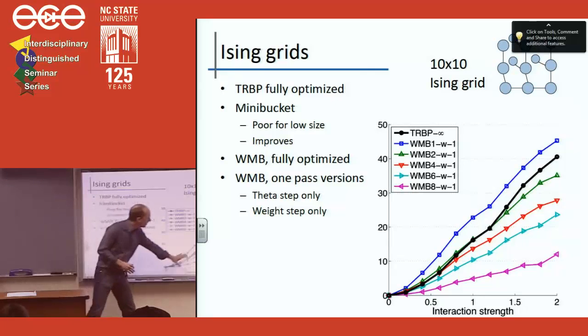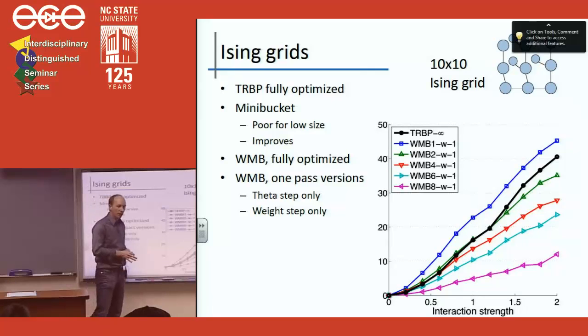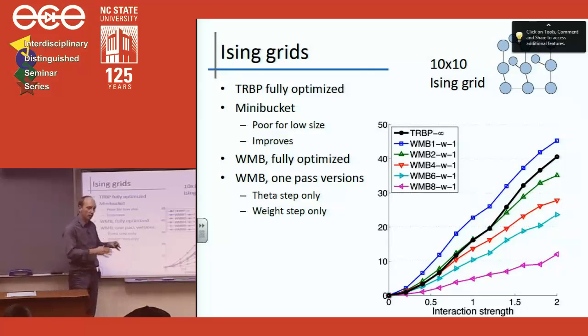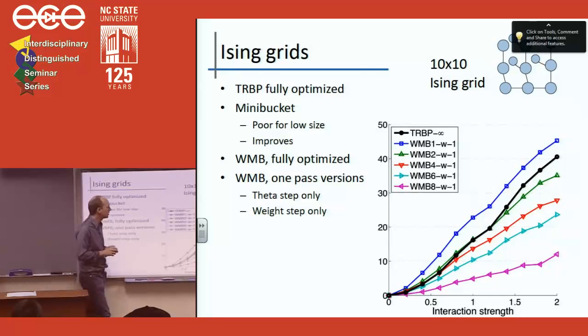And it degrades a little bit, but not too much. So you don't have to worry about how many iterations things are going to take either. Message passing algorithms will tighten the bound, but they might take a long time to converge. And here, you can predict how much time things will take because you know what the table sizes are. And you can just allocate that time appropriately to choose whatever size you want.